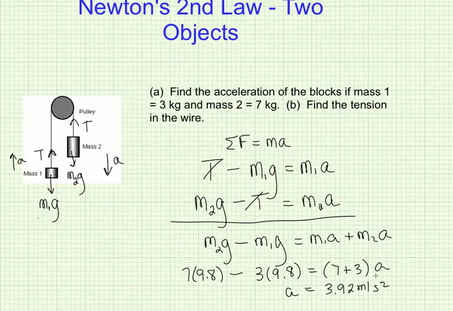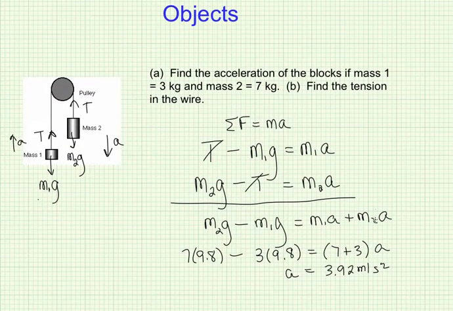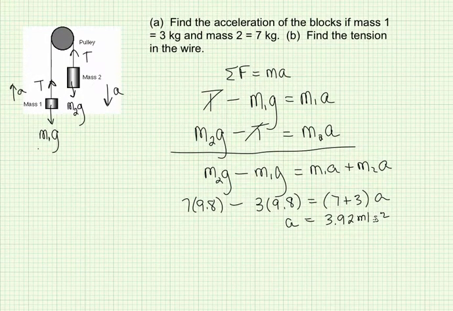So block m2 is going to accelerate down at 3.92 meters per second squared, and block 1 is going to accelerate up at 3.92 meters per second squared. The second question asks for the tension. It doesn't matter, just pick one of these two equations and let's solve for tension.